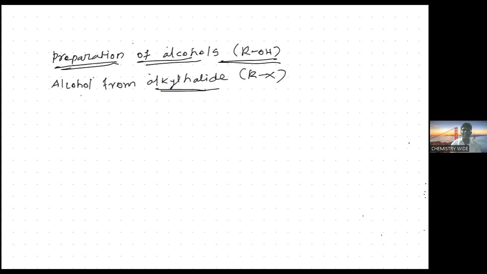Let's see: R-X, this is the alkyl halide, plus dilute aqueous NaOH, when heated we get alcohol and sodium halide.